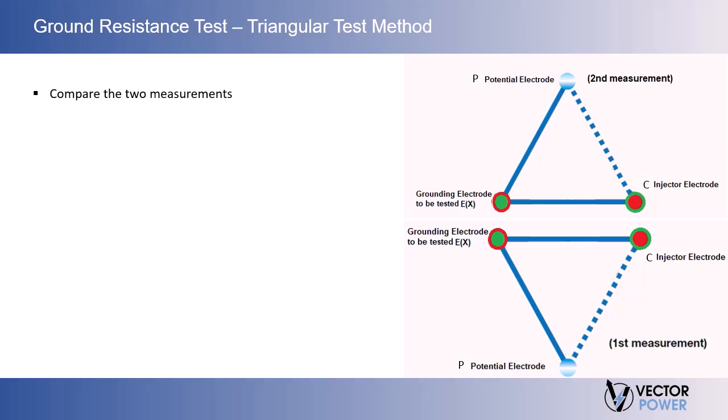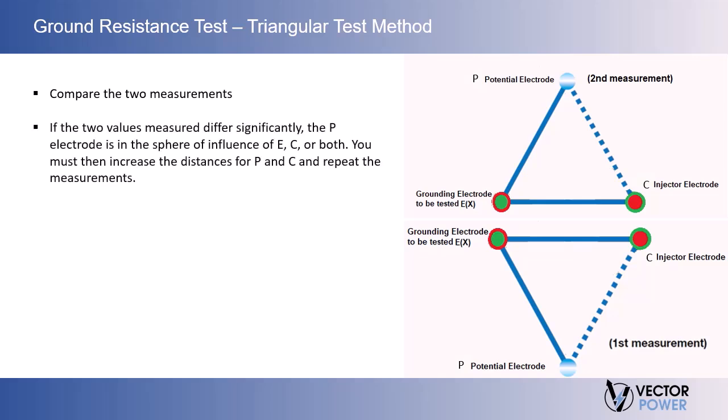Compare the two measurements. If the two values measured differ significantly, the P electrode is in the sphere of influence of E, C, or both. You must then increase the distance for P and C and repeat the measurements.